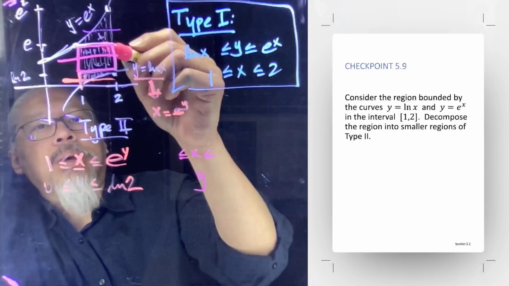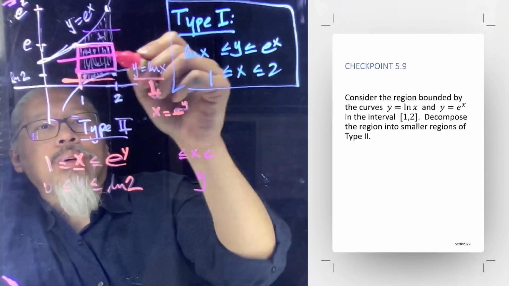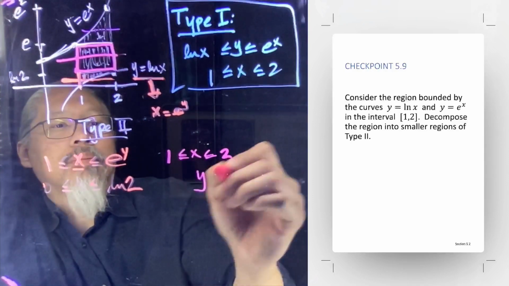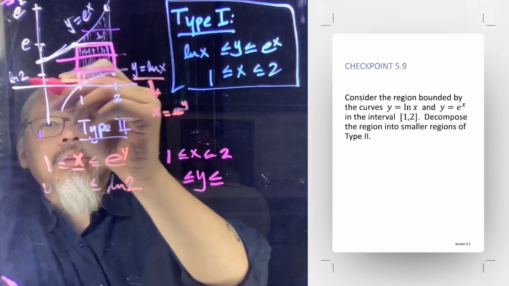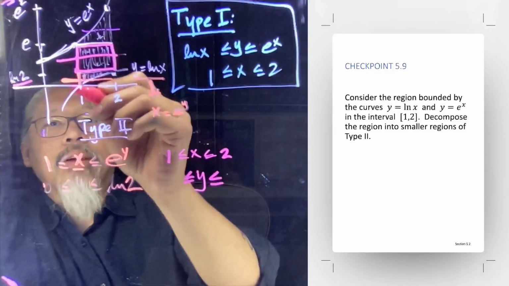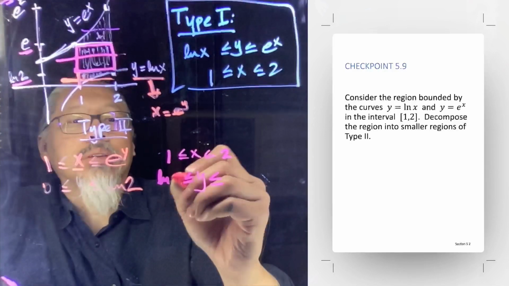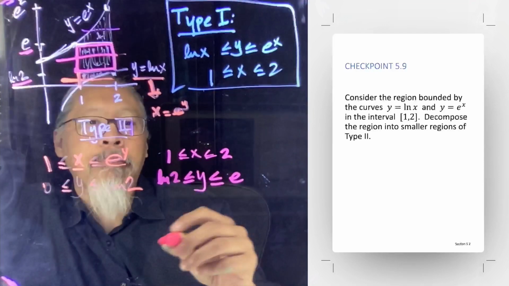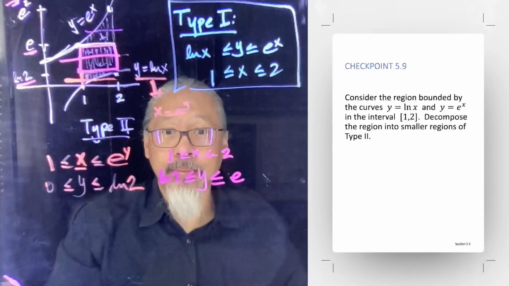So with respect to x first, it's going to be an x value of 1 and an x value of 2. And then the y limits, the constant limits, are going to go from this lower y value to this upper y value. So this is ln of 2 and e to the first power. Okay, so that's your second integral.